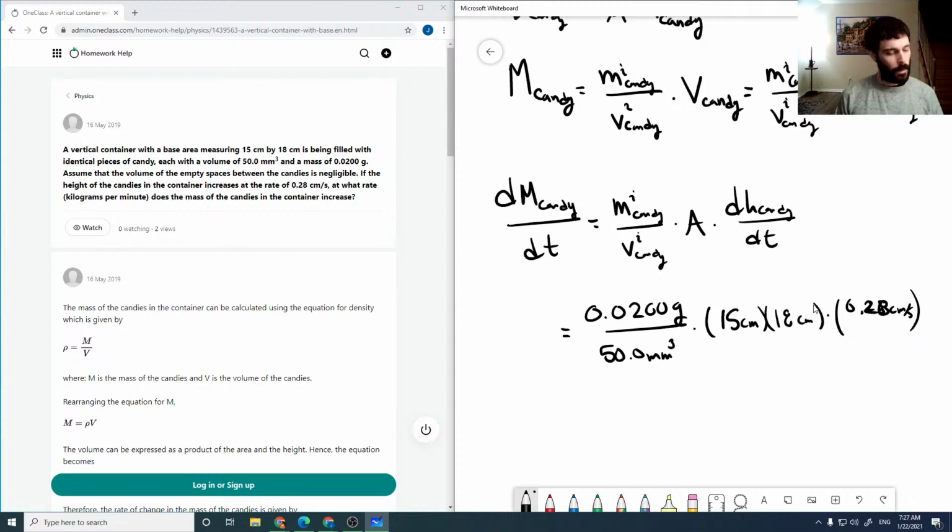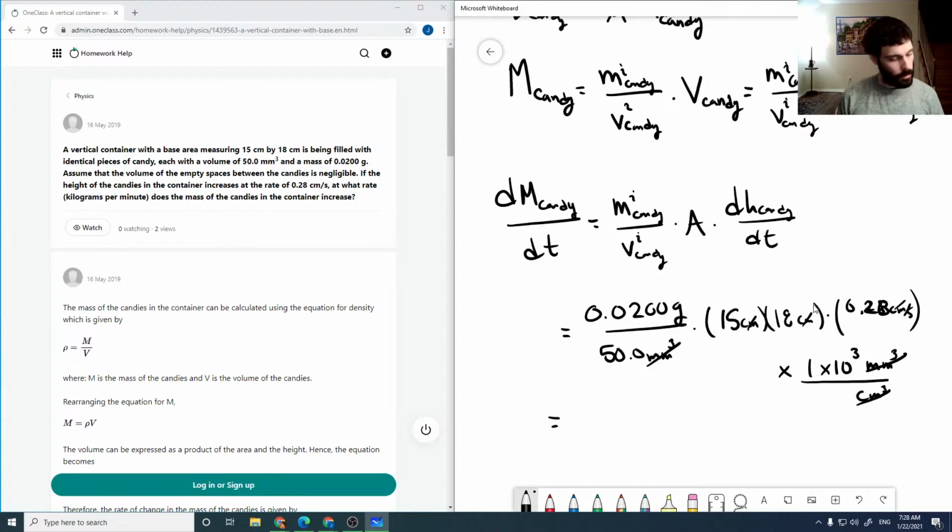Now we either need to convert centimeters to millimeters or millimeters to centimeters. So I'm going to multiply this whole thing by 1 times 10 to the 3 millimeters cubed per centimeter cubed. That will convert my centimeters to millimeters, canceling those out and leaving us with grams.